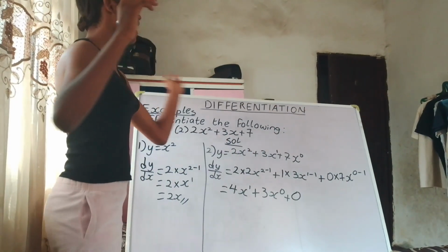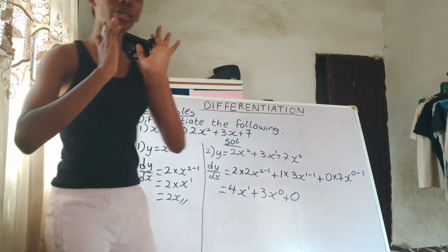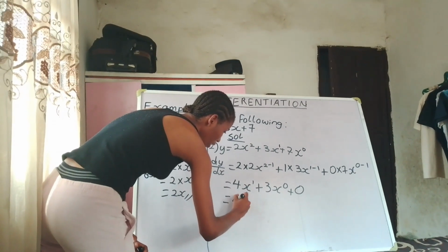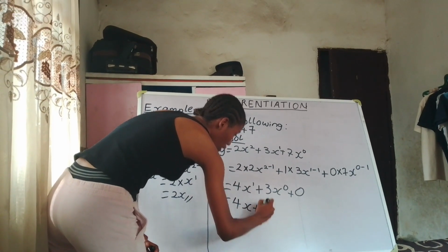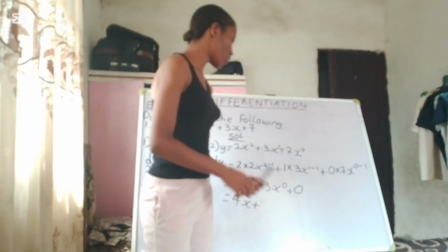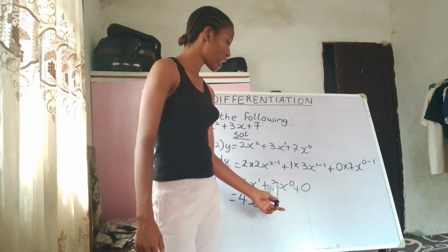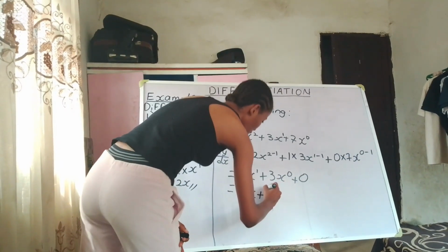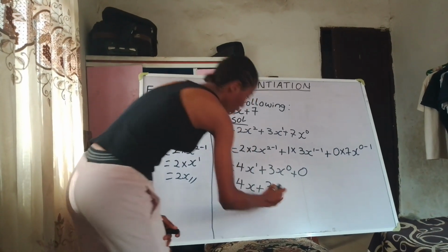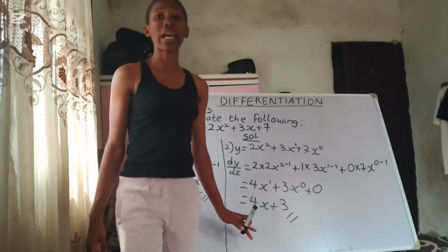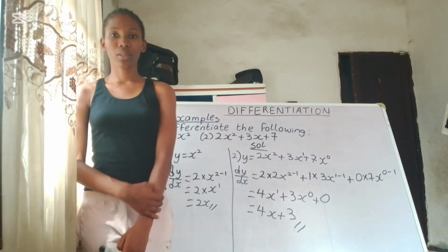Times the rest of the things there will still be 0. So this will give us 4x to the power of 1, which is the same thing as 4x, plus 3x to the power of 0. Remember, anything to the power of 0 is 1. So this is the same thing as saying 3 times 1, which will give us back 3. So that means the differential of our function here is simply 4x plus 3.